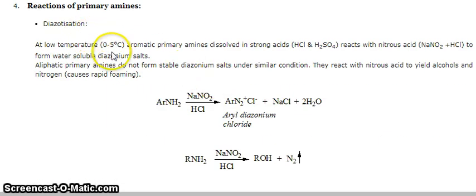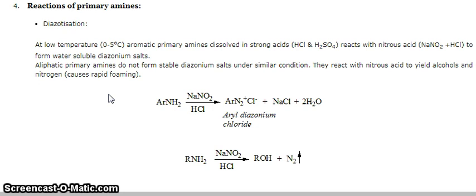Now friends, reactions of primary amines. Diazotization. At low temperature, 0 to 5 degrees Celsius, aromatic primary amine dissolved in a strong acid, HCl or sulfuric acid, reacts with nitrous acid, NaNO2 plus HCl, to form water-soluble diazonium salt.